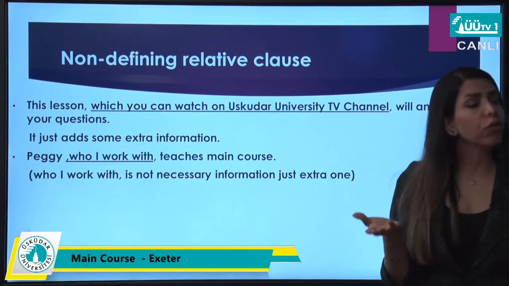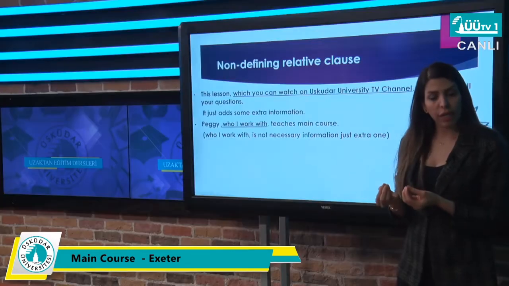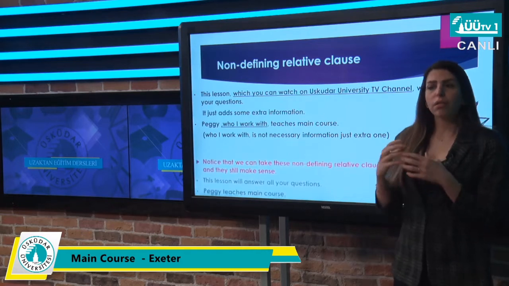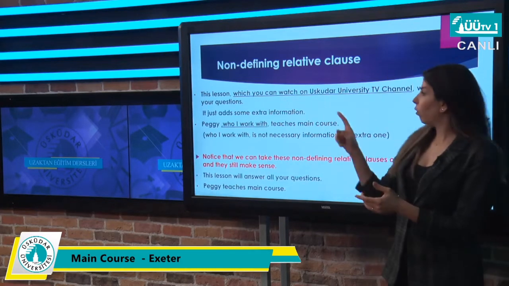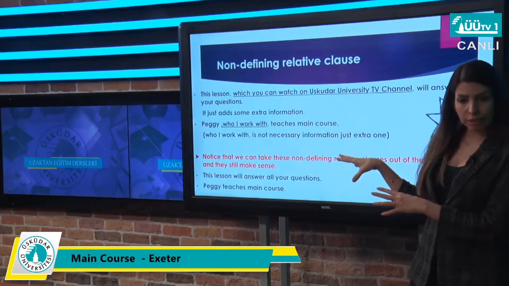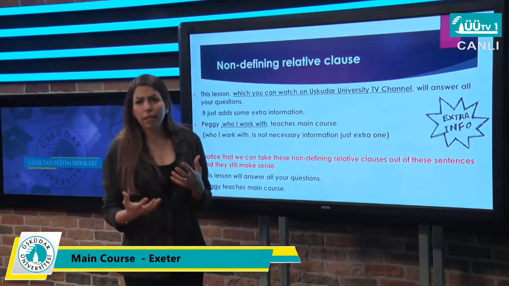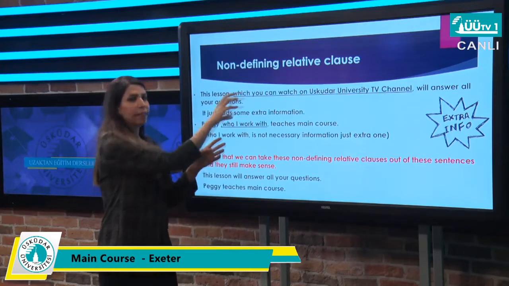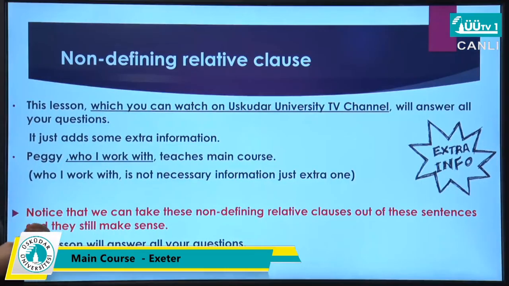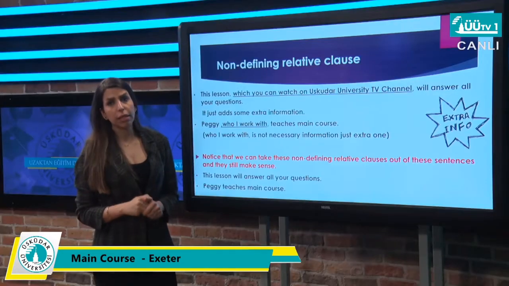It just gives you extra information. It just gives you some more details about the other part, about this lesson. But it is not actually necessary. So we can take it out. We can just delete it from the sentence, and the sentence still makes sense.